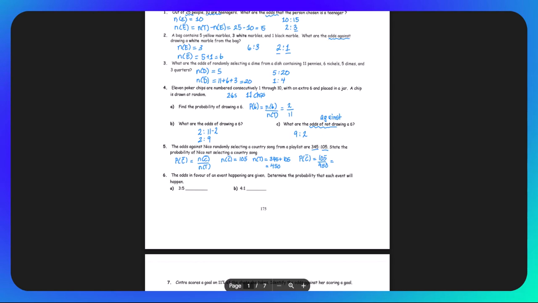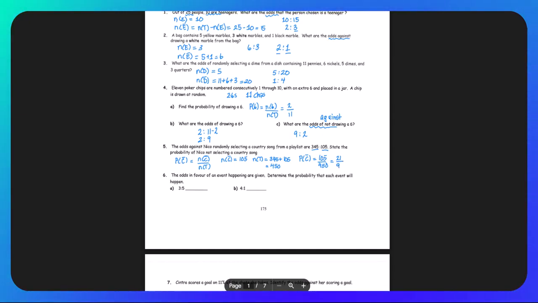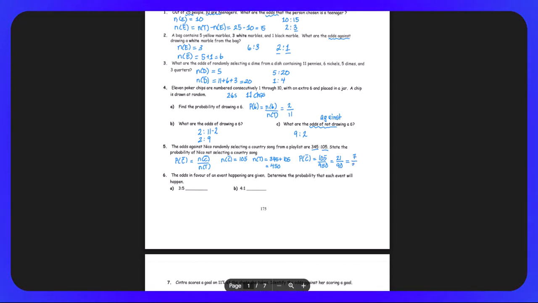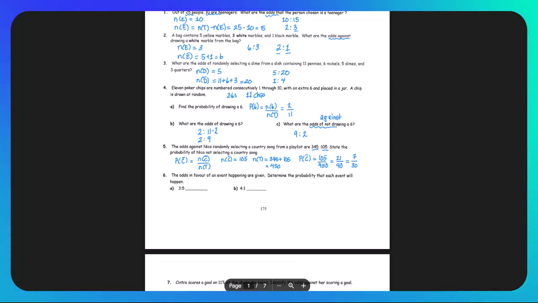If we divide top and bottom by 5, that's going to get us 21 over 90. And then we can do another reduction. We can divide top and bottom by 3, and that's going to give us 7 over 30. Now it can't be reduced any further. So the probability of not a country song is 7 over 30.